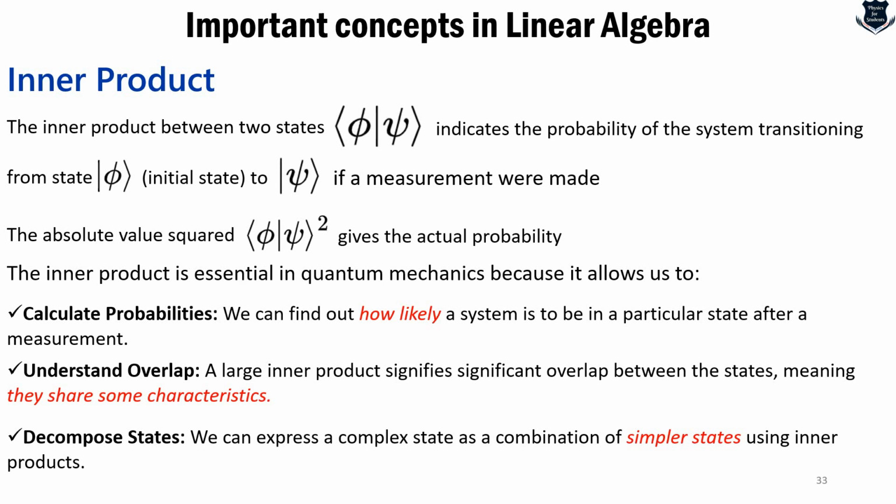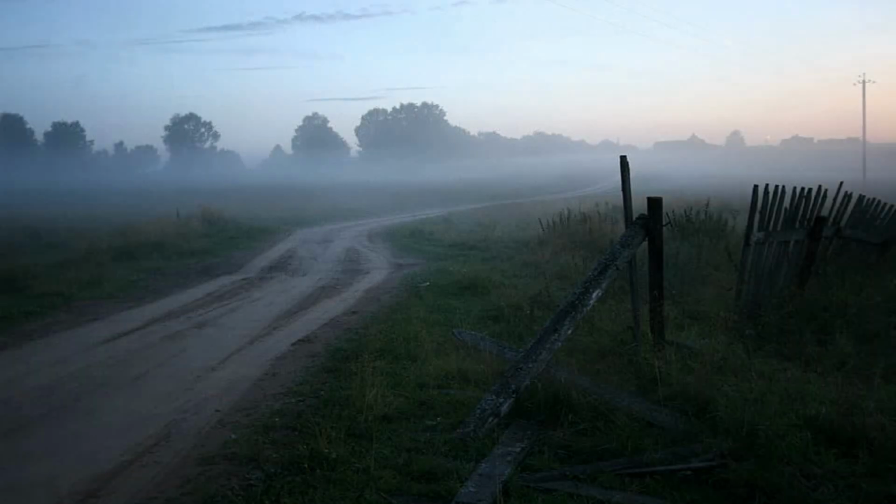I can tell you with an analogy: imagine that you're navigating a fog-laden landscape like this, where landmarks are blurry and directions are uncertain. The inner product in quantum mechanics acts like a special compass, and it allows us to measure the overlap between blurry quantum states.